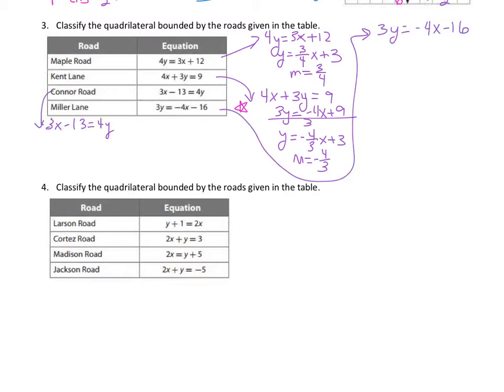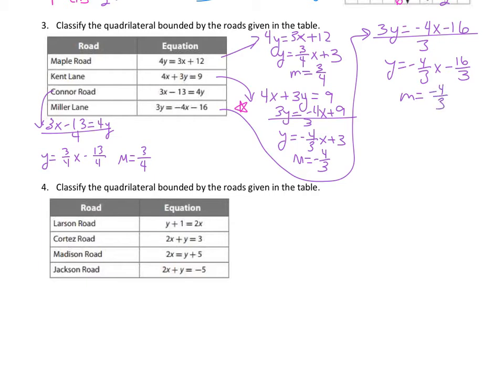If we do the same thing for the remaining two lines, here on Connaught Road, we divide everything by 4, so we'd get y equals 3/4 x minus 13/4, which does not divide, so I'm just going to leave it like that. My slope then would be a positive 3/4. For Miller Lane on the far right, we would divide everything by 3, and this would give us y equals -4/3 x minus 16/3, because again, that does not divide evenly, and our slope would be -4/3.